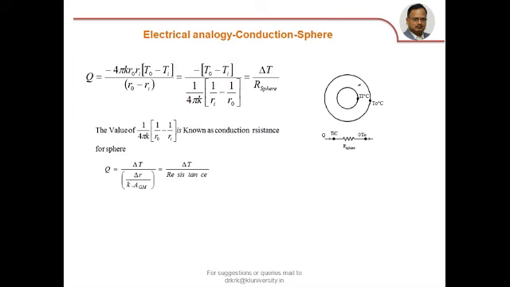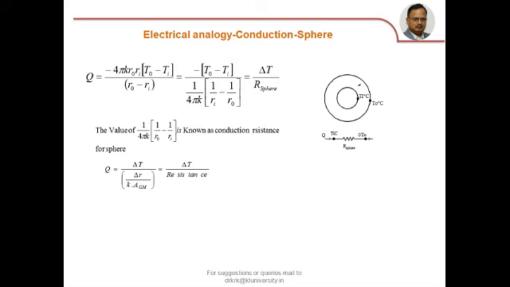So now we have seen the resistances for slab, cylinder and sphere. The conduction resistance for a slab is L by Ka. The conduction resistance for a cylinder is 1 by 2 pi Kl log Ro by Ri.